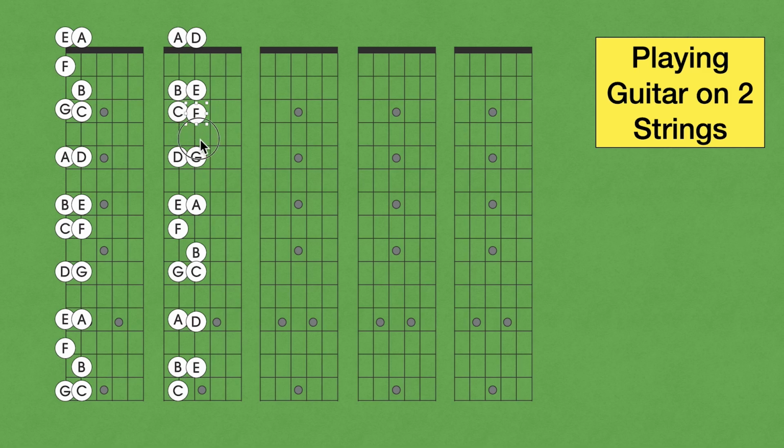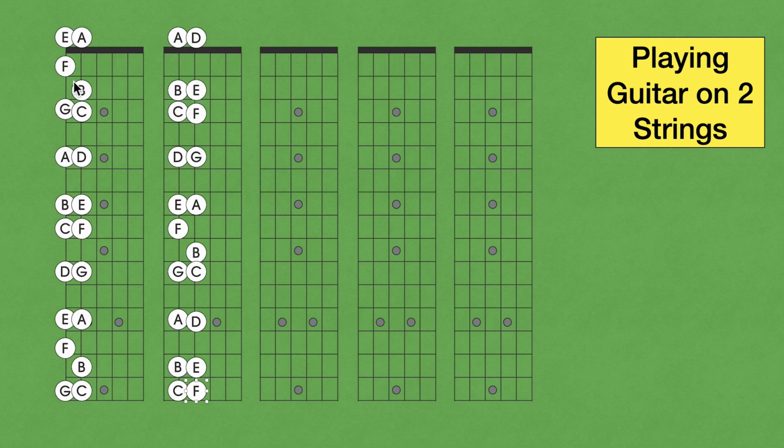I like using 15 frets because that way we can see some of the overlap, and it's not just cut off at 12 frets. But we see here that the A to the D is that same relationship of a fourth, so this must be tuned that way. If that's the same, then we're going to see all the same intervals right here that we saw on these 2 strings. They're just now higher up.